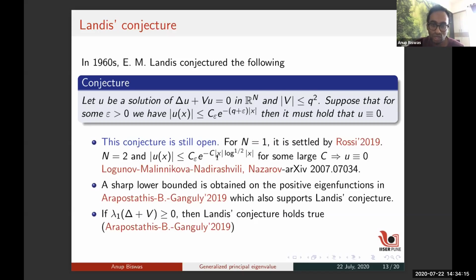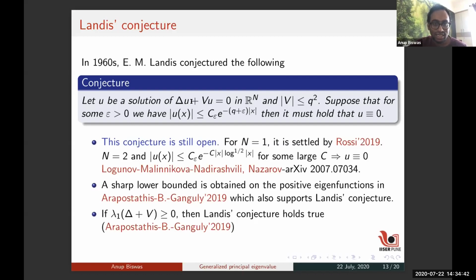So this decay is quite stronger than the one given by Landis. This paper was put on arXiv last week by Logunov, Malinnikova, Nadirashvili, and Nazarov, where they use some harmonic analysis tools to prove this, and of course estimates on the nodal sets, nodal domains.